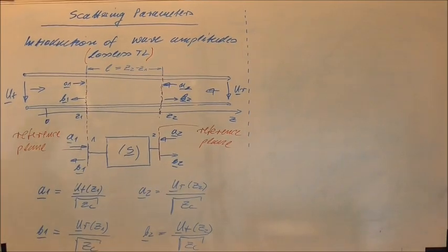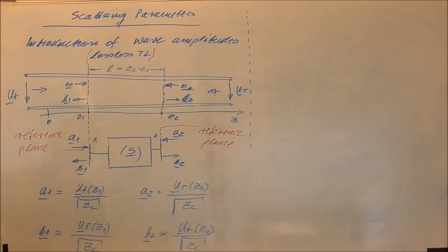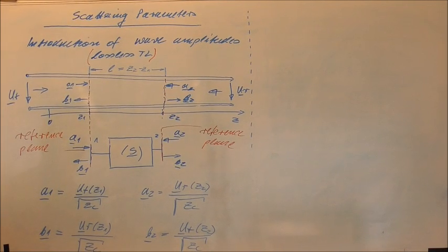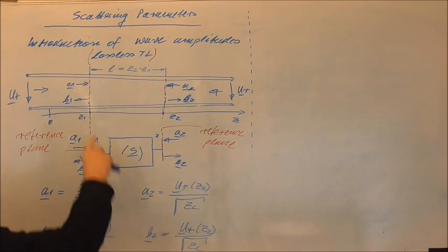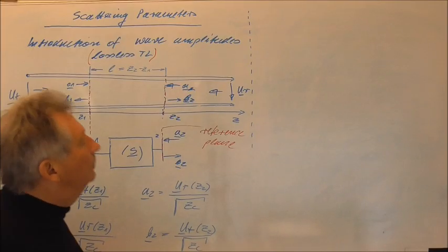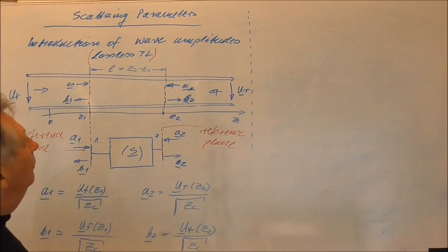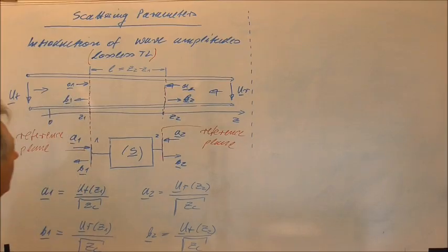So what we did up to now was to define the wave amplitudes, and we used as an example a transmission line which is lossless, and we saw that the wave amplitudes are defined with respect to the power of waves.